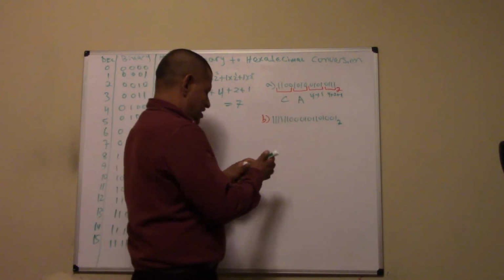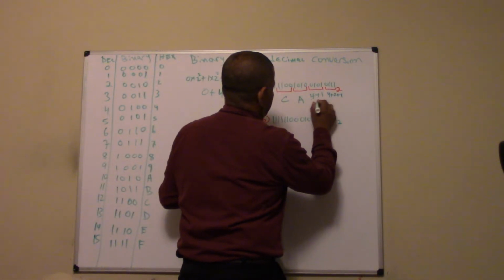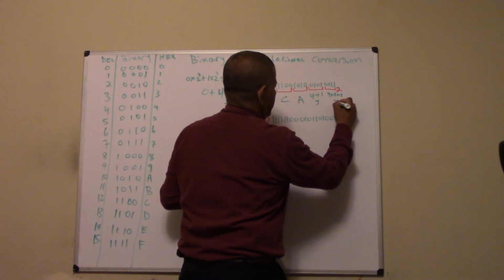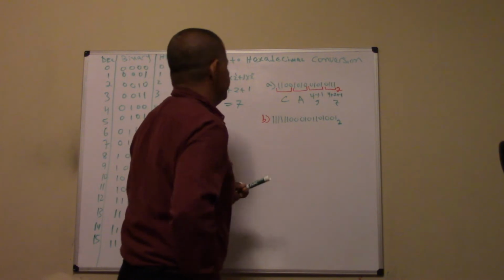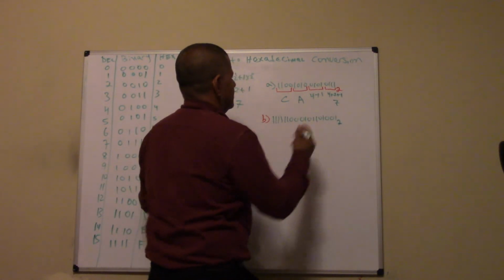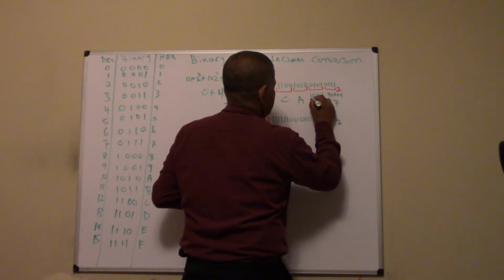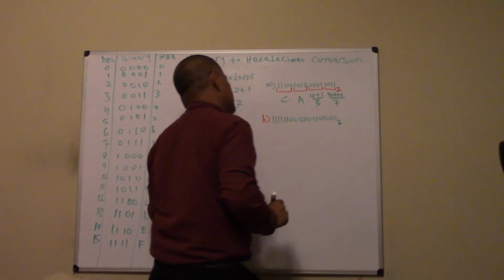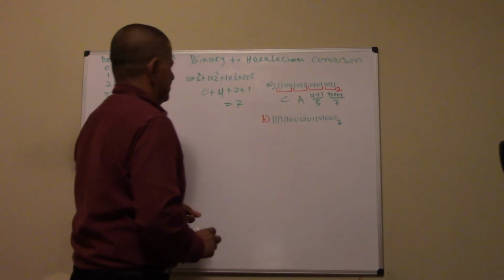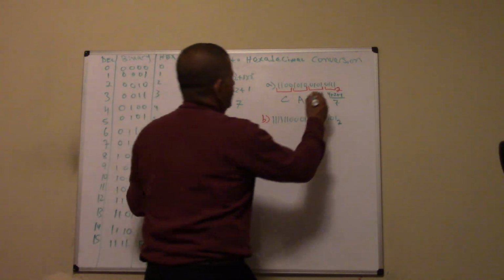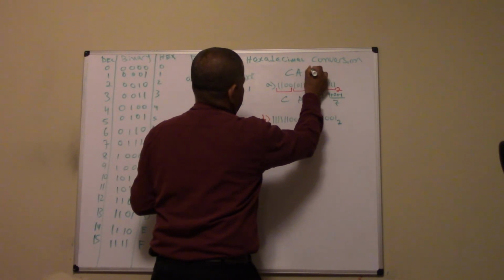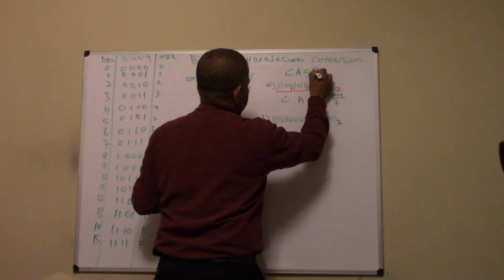So here will be 5, and here will be 5, and here will be 7. So technically, it will be CA57. That will be the answer for that. So the answer for this will be CA57.